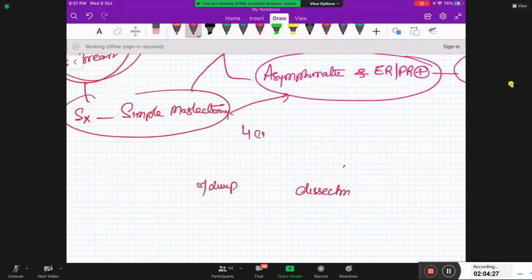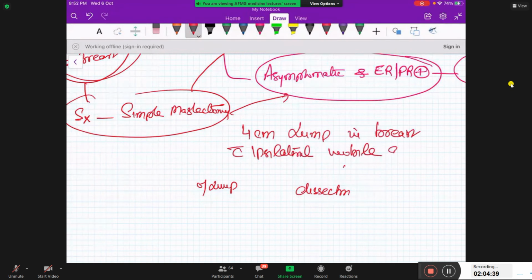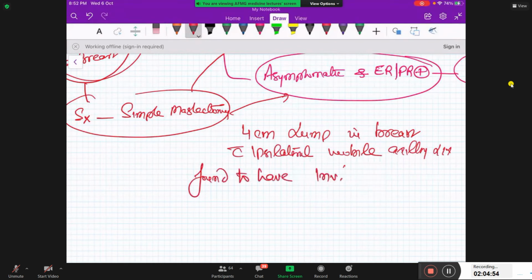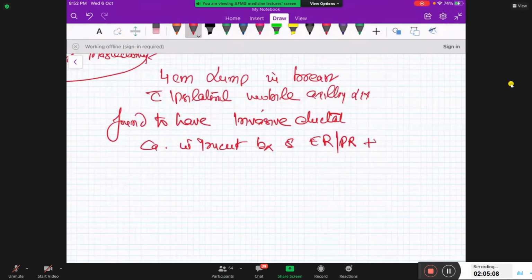Patient comes to you with a 4 centimeter lump in the breast with ipsilateral mobile axillary lymph node, found to have invasive ductal carcinoma in true-cut biopsy, and it is ER PR positive.